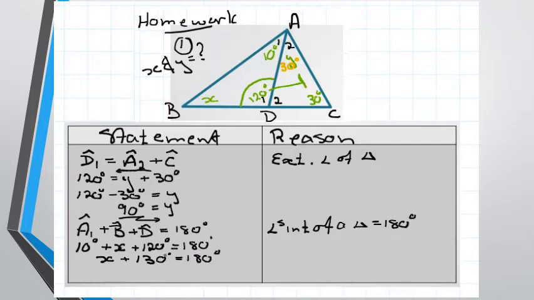If I take the 130 across to the right hand side, it becomes a minus. So X is 180 minus 130, which leaves us with the answer of 50 degrees for the value of X. And there I have determined my two values as requested, namely X and Y.